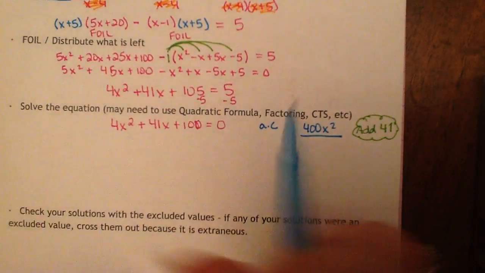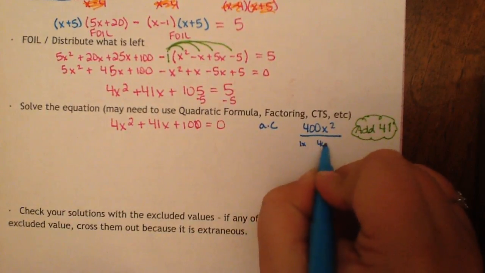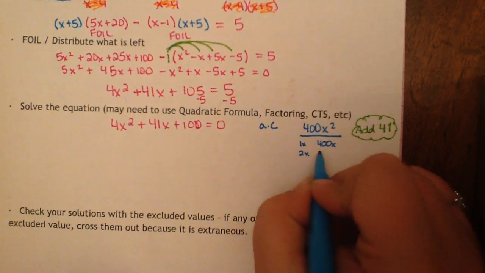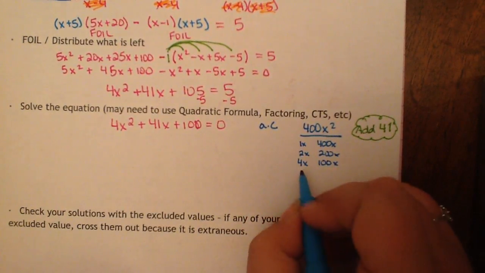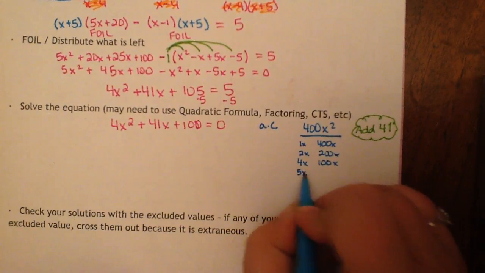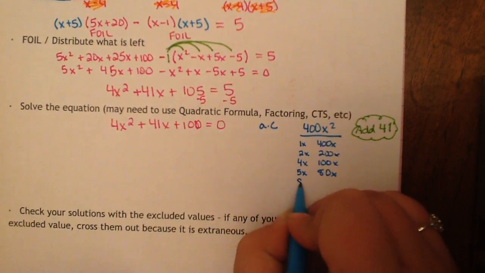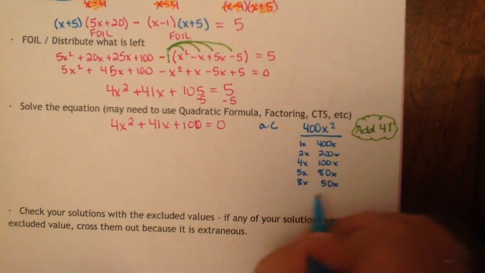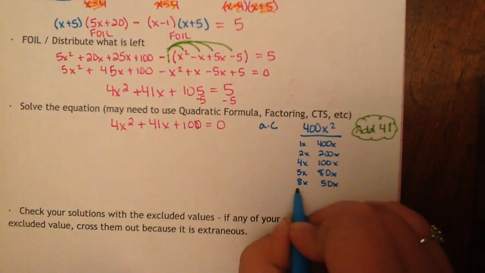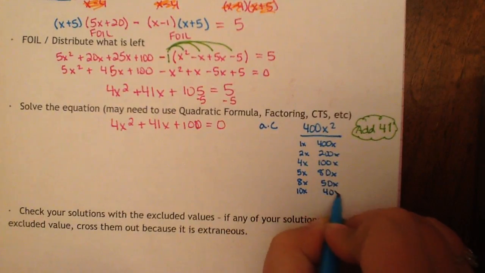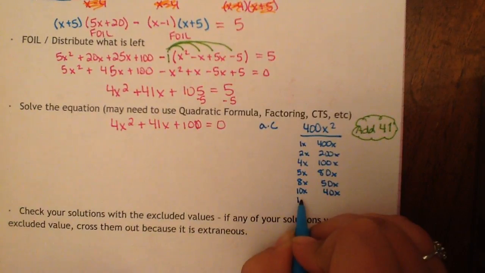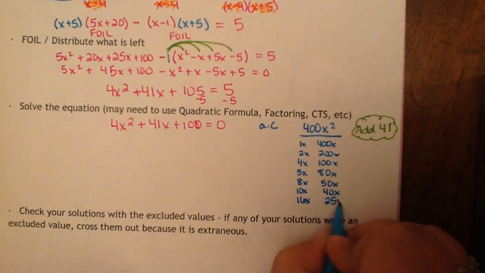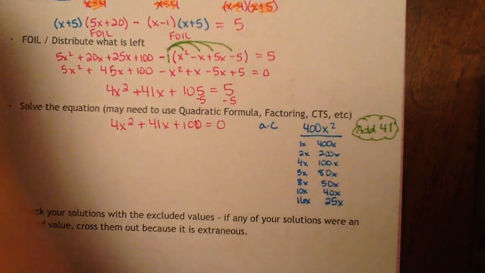So I start looking at my factors of 400. So I've got 1x, 400x, 2x, 200x, 4x, 100x, not even close to 41 yet, 5x, 80x, 8x, 50x, 58, getting close to 41, 10x, 40x, that's 50, not quite, 16x, 25x, there we go, that got it.